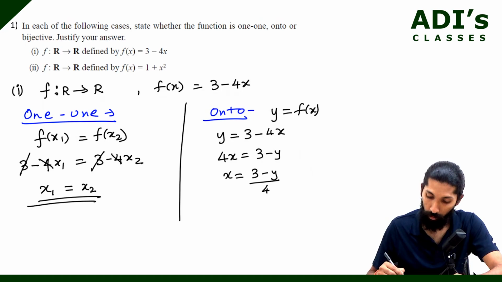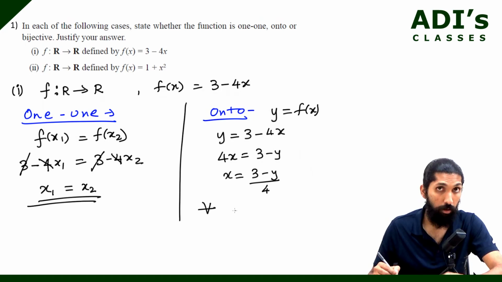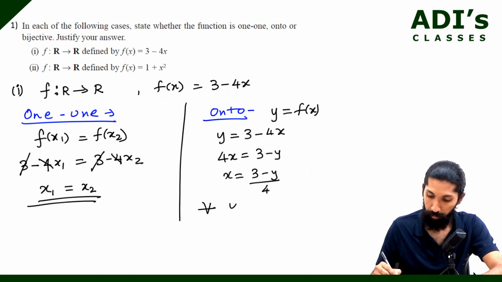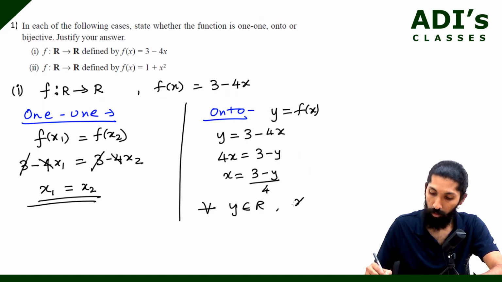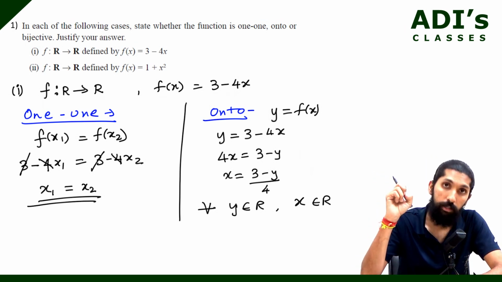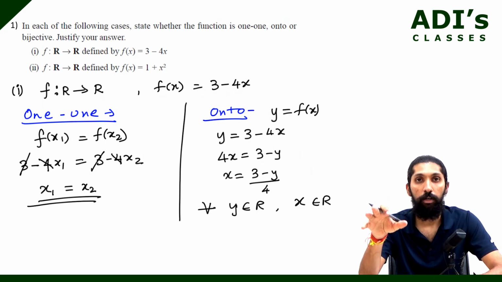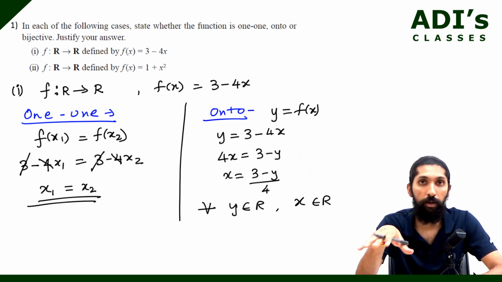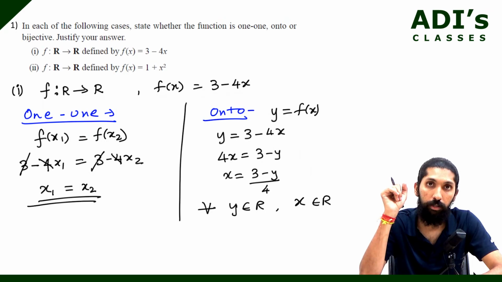Now you know that x and y are real numbers. So what can we say? For all y belonging to R, x will also belong to R. That means no matter what the value of y, there will always be a value of x corresponding to it.